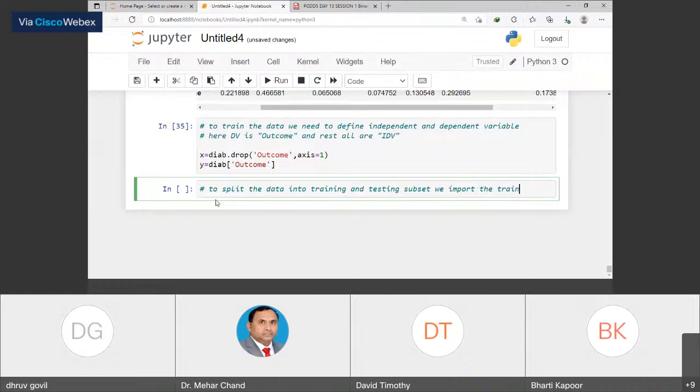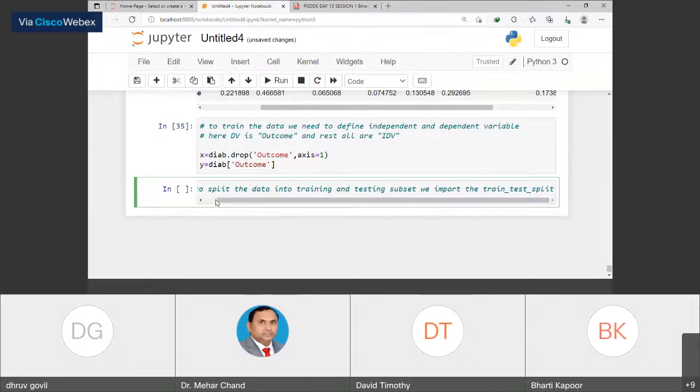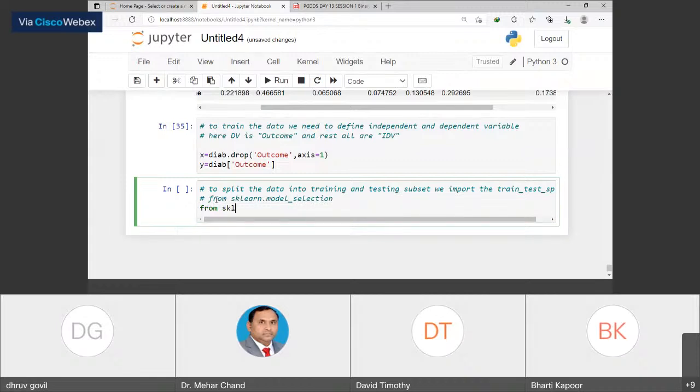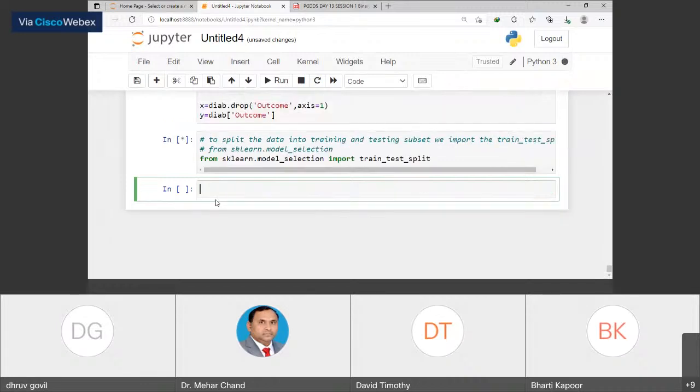We can import another library, train test split, from sklearn dot model_selection, train_test_split. Okay, now my data is split.